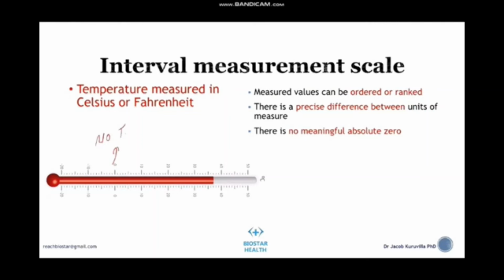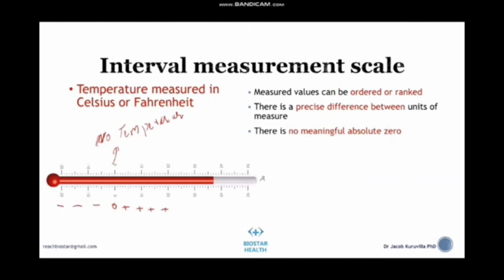This is because Celsius is graded from positive points to negative points, where you have positive values with a high temperature and negative values on the lower temperature and 0 in the middle. Therefore, 0 degrees Celsius doesn't mean that there is an absence of any temperature. So there is no meaningful absolute zero.